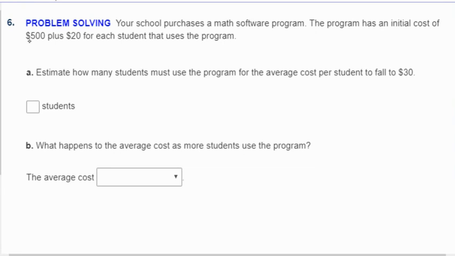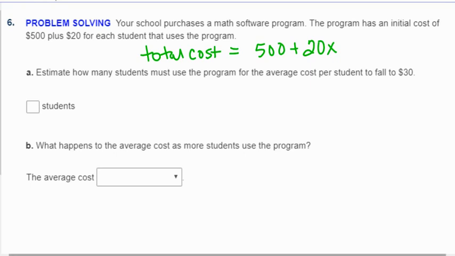Okay, so we have $500 up front and $20 for each student that uses the program. So the total cost of using this program is going to be your $500 that the school pays up front, plus $20 per student. I need something that represents the number of students. I'm going to use x.